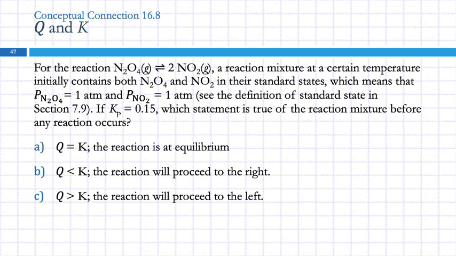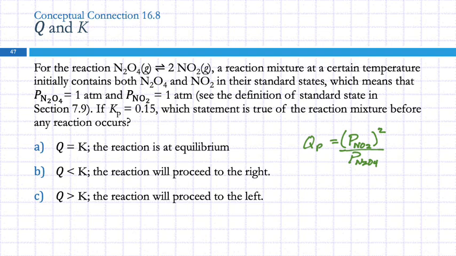Well, we have to think about what is K? What is Q? So this is for the pressures, right? So Q is going to be the pressure of the product squared divided by the pressure of the reactant. And it says that they are both 1 atmosphere.